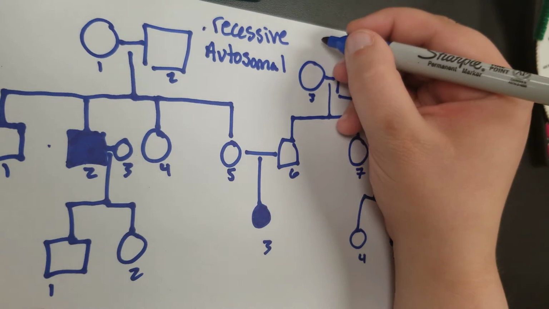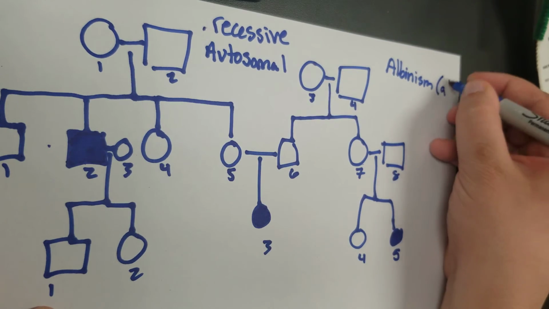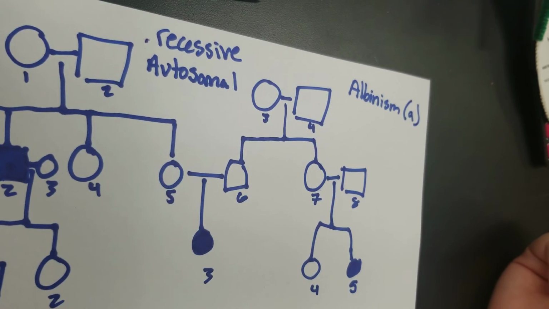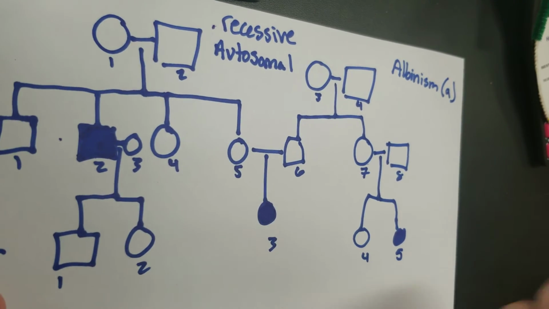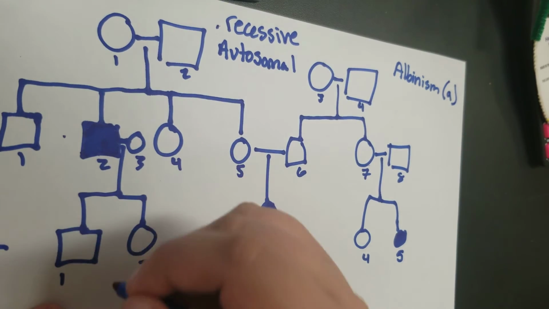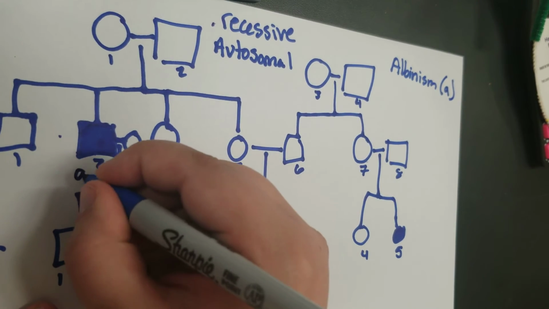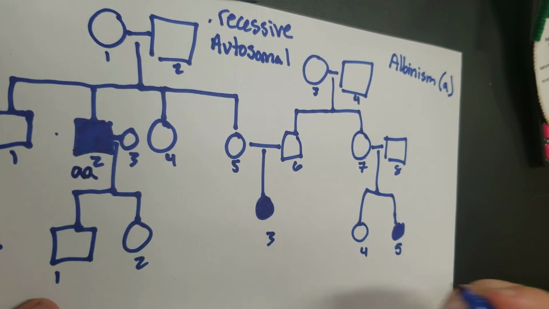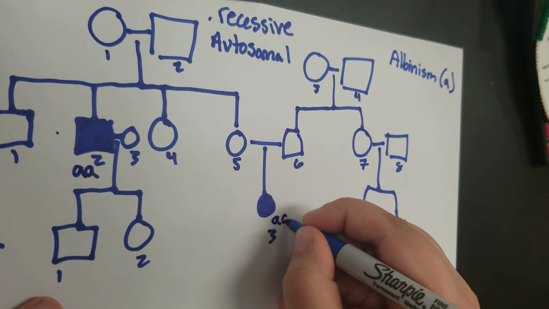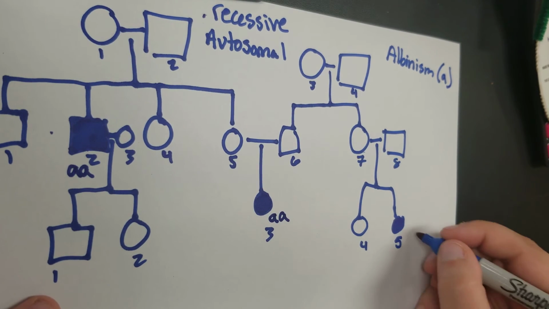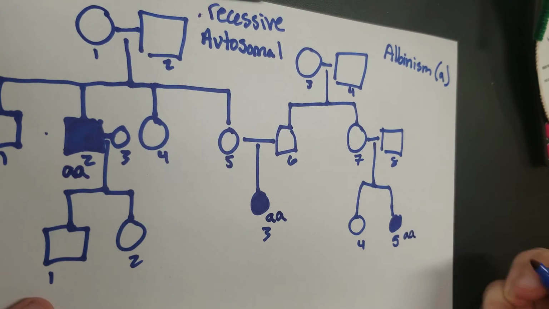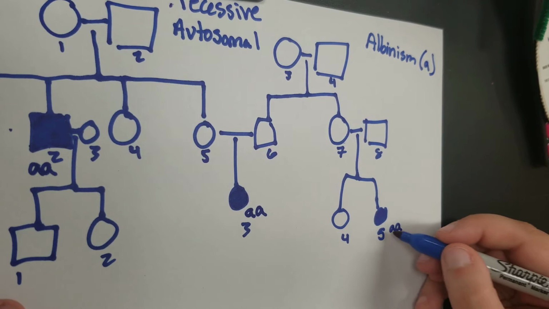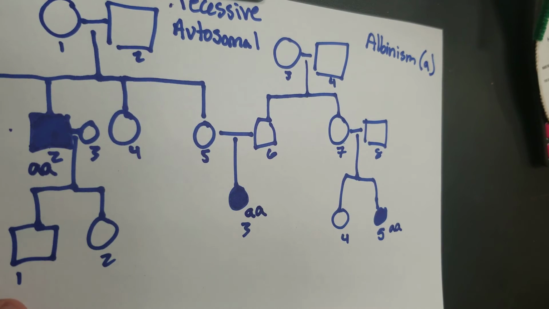Using the letter lowercase a for being albino, we can go to all the shaded people and know that their genotype is homozygous recessive. So we have little a, little a.